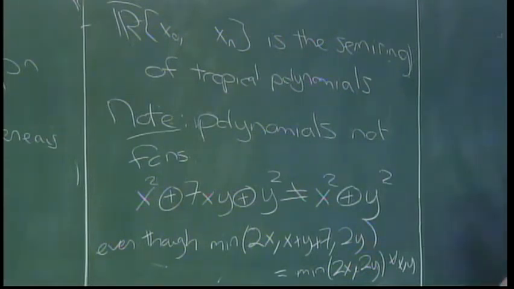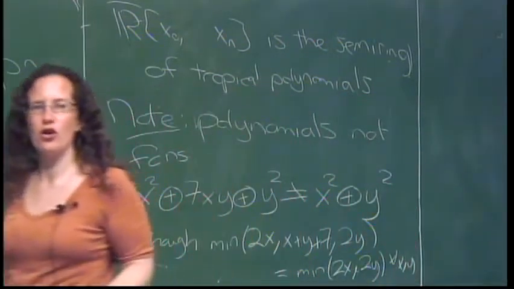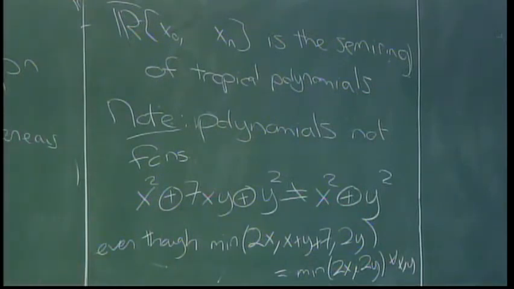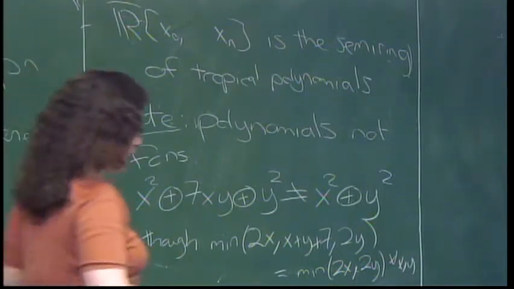So given a homogeneous ideal I in the semi-ring of tropical polynomials, I can tropicalize it. We saw that in Jeff's talk.